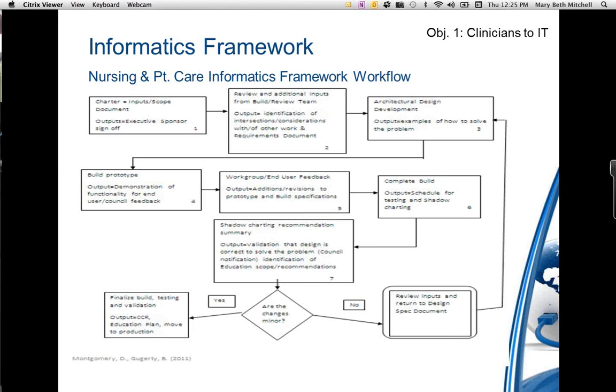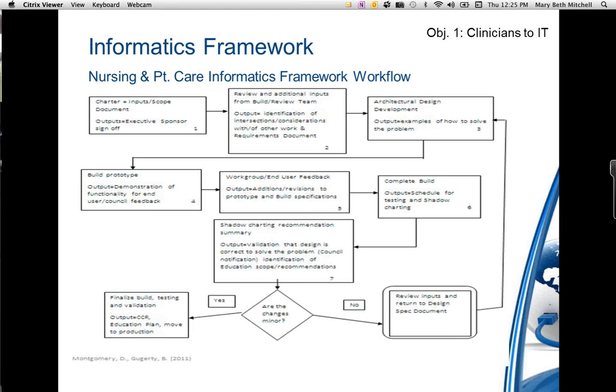So once we have that prototype, and the work group is working together with them on how that build needs to look, you can see in step 6 we get into more of a complete build. And what we do here, you all probably do some similar things, but we have a phase that we call clinical charting. Clinical testing, I'm sorry.